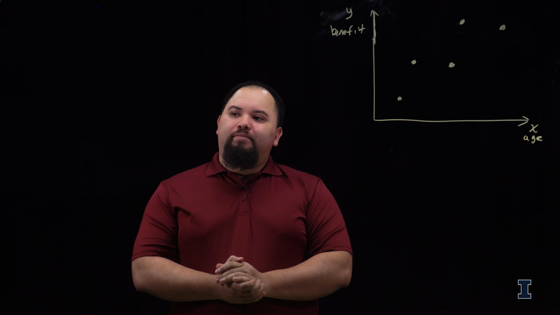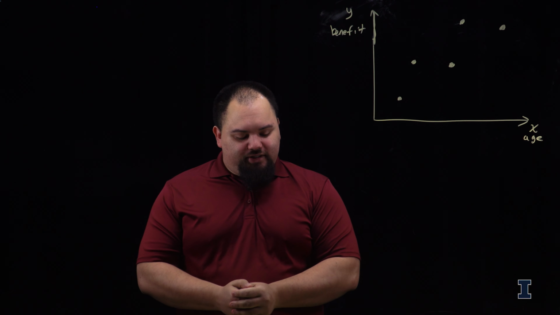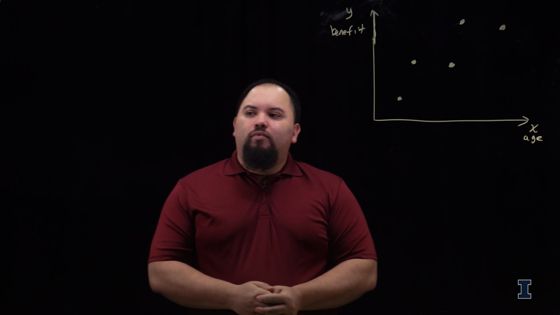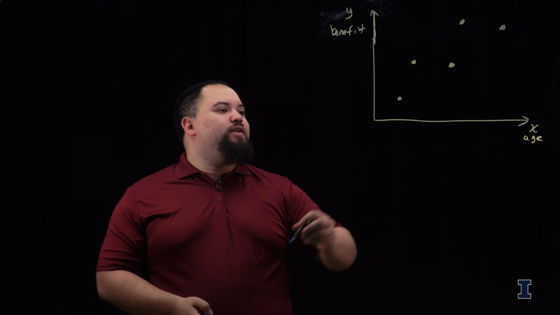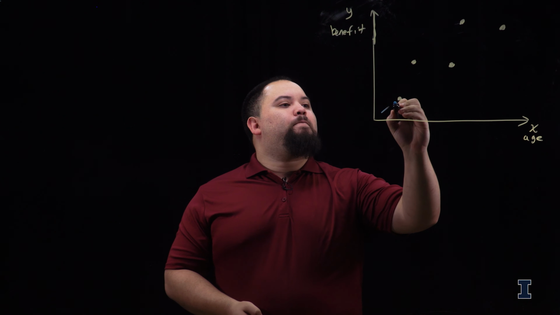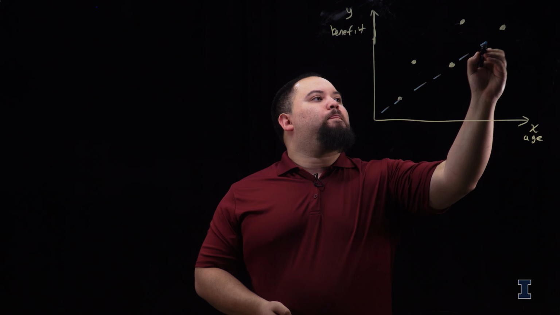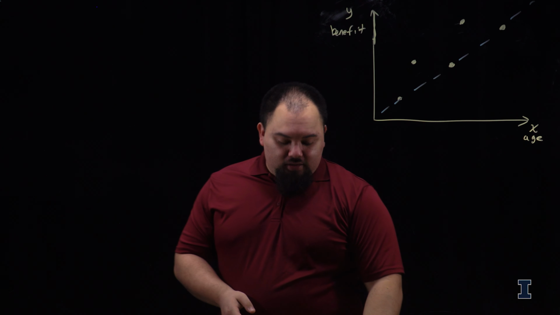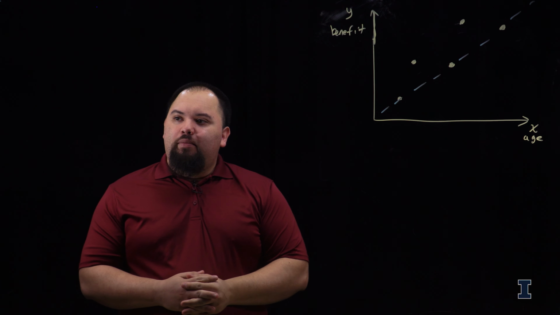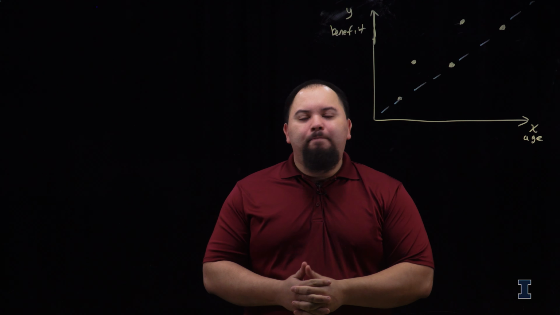How would you draw a line that goes through these points? Well, we could draw a line that goes through the first and last point, sort of like this. This technique is something that we will describe later on, called a random walk model.